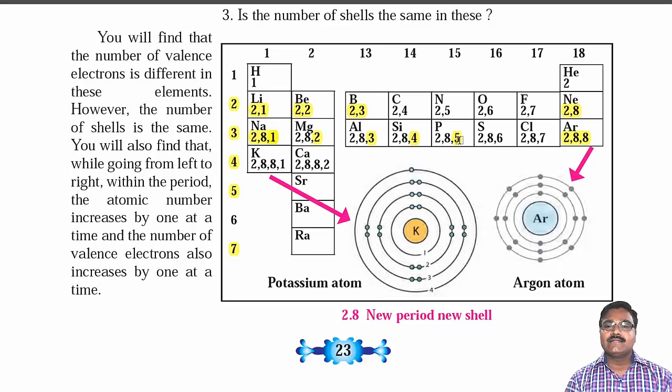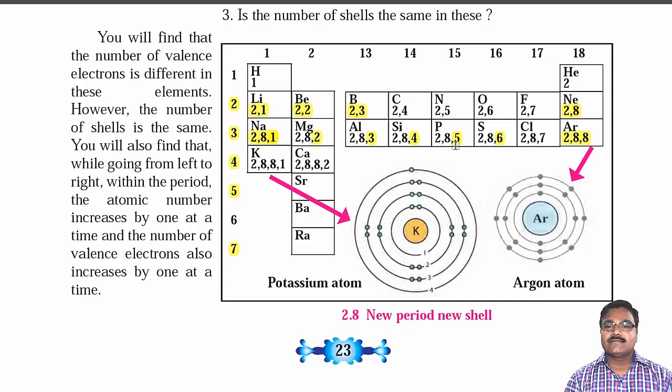We can clearly see that it is easier to receive 3 electrons than to donate 5 electrons, because the energy to donate 5 electrons will be more than to receive 3 electrons. Therefore, phosphorus can receive 3 electrons and hence its valency is 3.